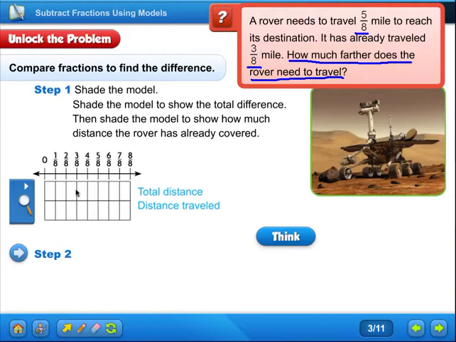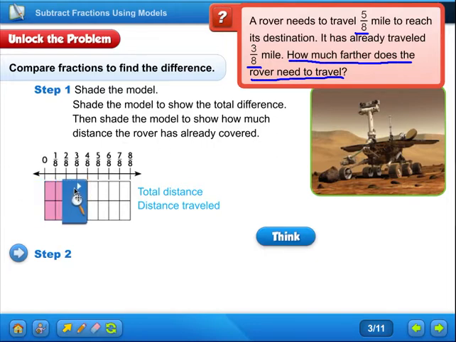So, shade the model to show the difference. Then shade the model to show the total distance. Then shade the model to show how much distance the rover has already covered.